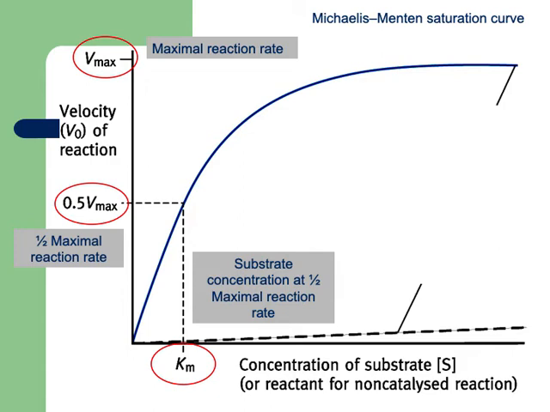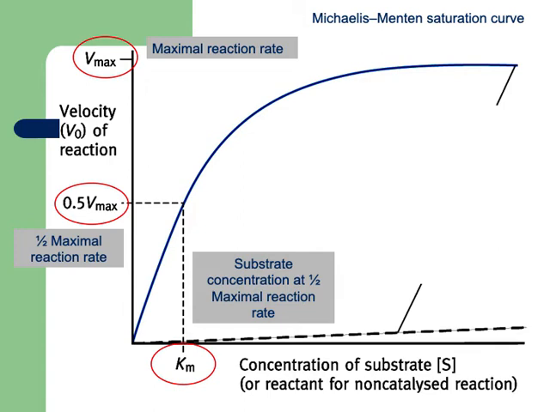If we draw the dotted outline up from Km, remember Km is the concentration of substrate that elicits half of the maximum reaction rate. So we get there quite fast. We don't need very much substrate to get to a high rate of the reaction.